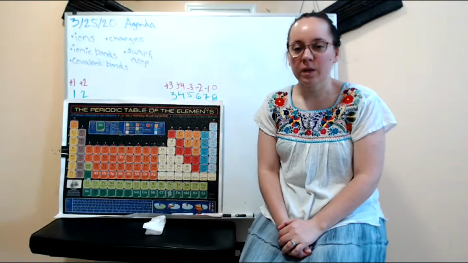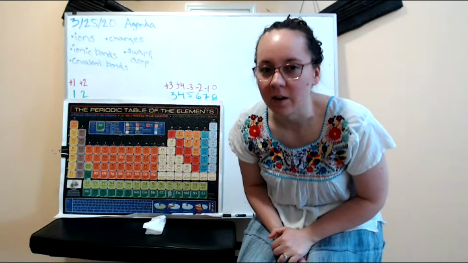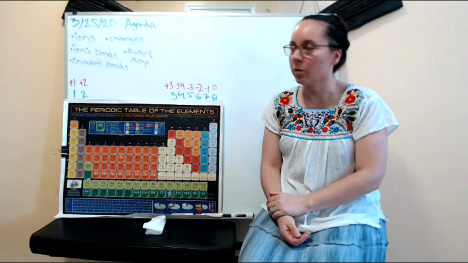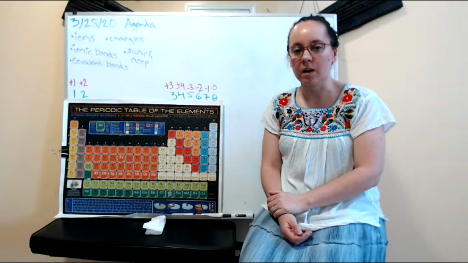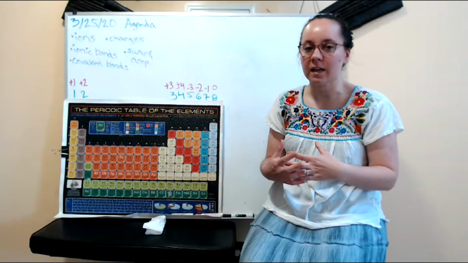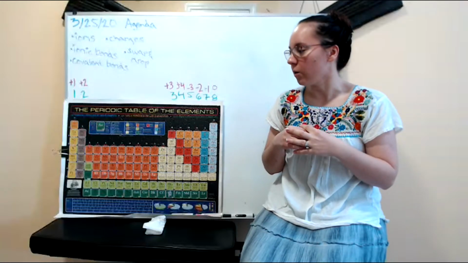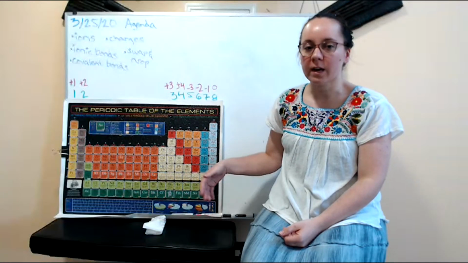So today I'm going to be going over ions. This is actually what we were going over when we left school, and I know that this is something that caused confusion about bonding, like the swap and drop. So we were taking elements from the periodic table and creating ionic bonds.